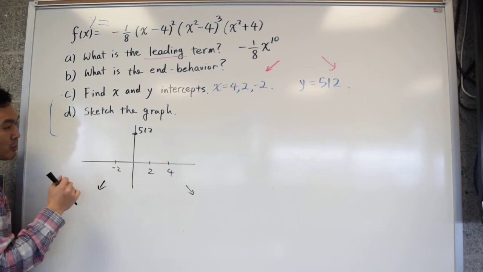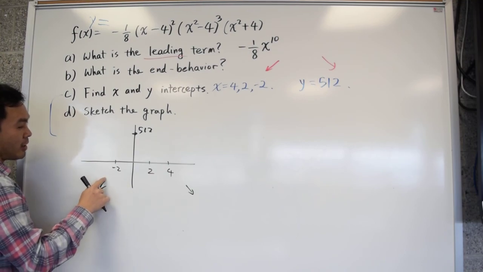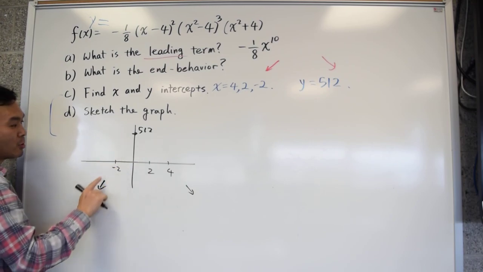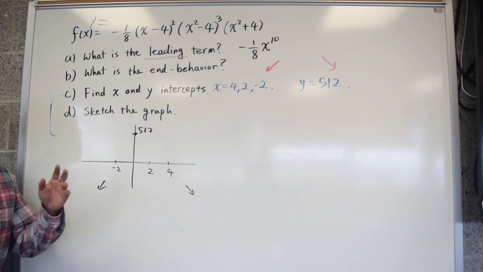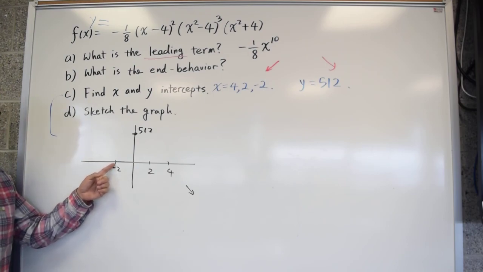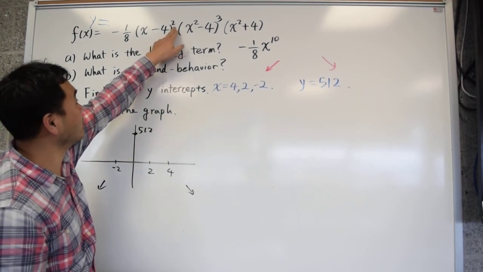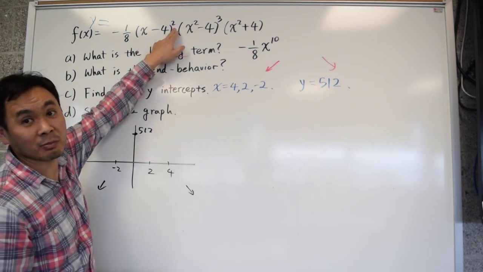The only thing that I can't be sure of is whether as you pass through these zeros, does it pass through or does it bounce back? So there, we talked about two behaviors at the x-intercepts last time, right? So what happens if you have a square for a 0? Does it bounce back or does it pass through?